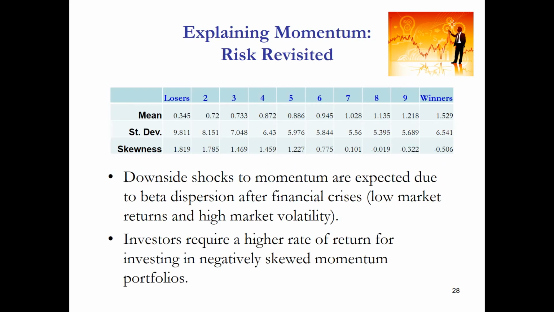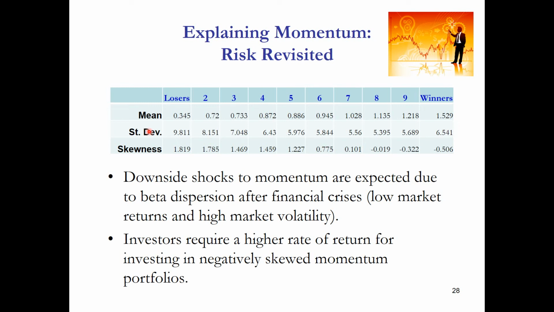However, one potential alternative risk-based explanation might arise if we look at risk in a non-conventional, non-traditional sense. The majority of research that has suggested that momentum can't be explained by risk looks at a table like the one we see on the screen, with a particular focus on the top two rows, the mean and standard deviation. These are the returns on portfolios formed based on past performance over the last 12 months.